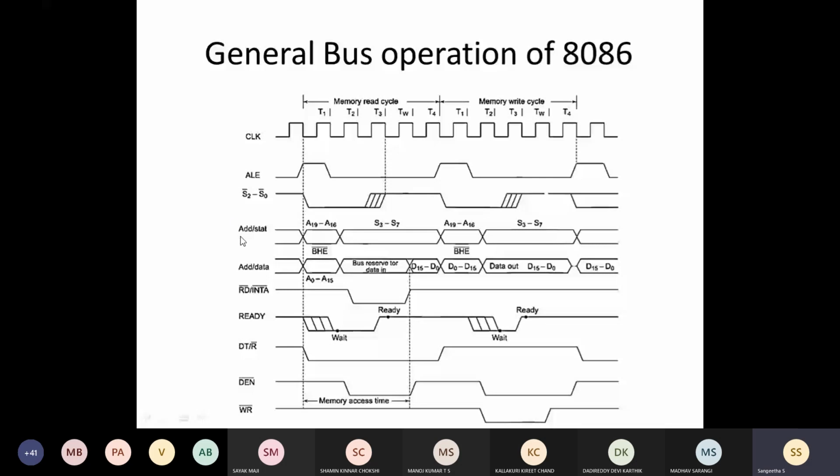When ALE is high, it indicates the address is being transmitted, so in this T1 period this will be enabled. This one line indicates A16 to A19, that is the address, which will be enabled. You can see that it is high here.